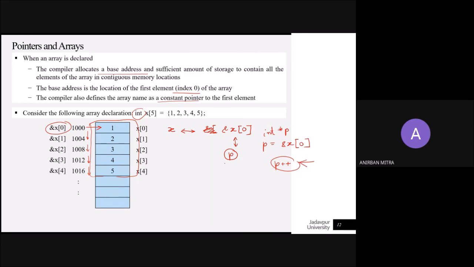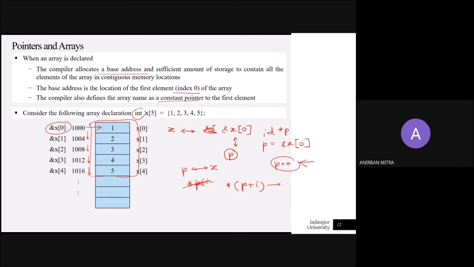So the relation between p and x can be written like this: star p, sorry, this is not that, star (p plus i).